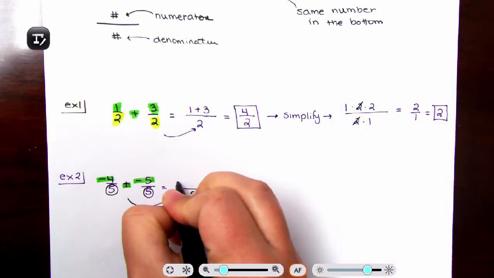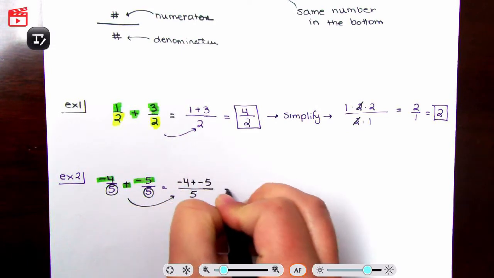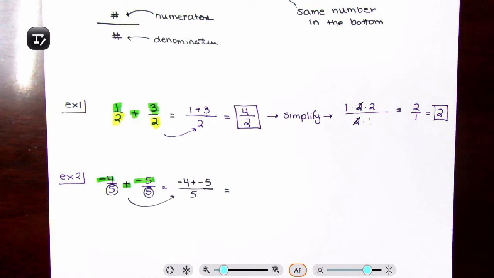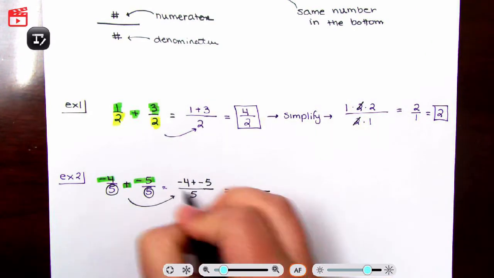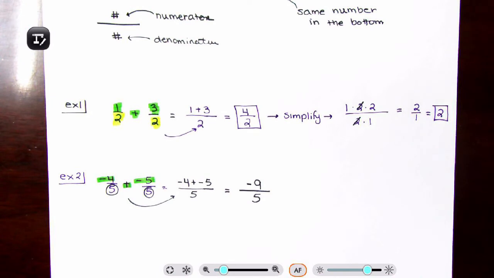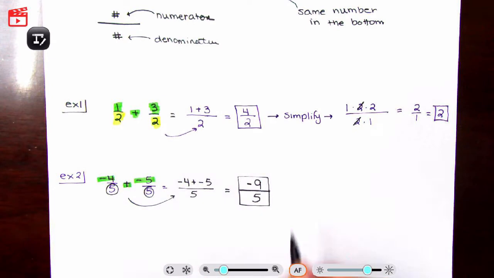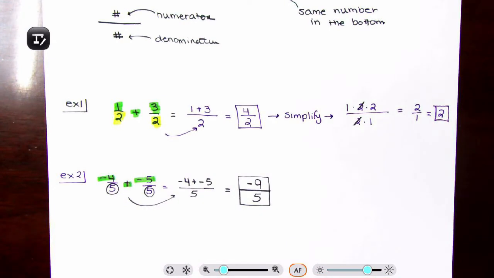So that means you have -4 plus -5. So that means you have -9 on top. And then you can try to simplify if you want, but I'm going to tell you right now that this simplification does not happen because there's no common numbers between 9 and 5. So this is your answer.